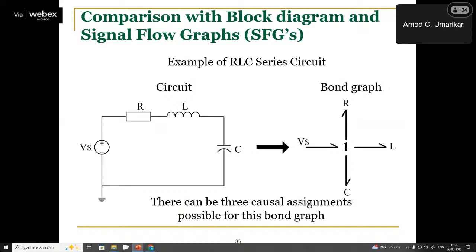Now here you see the series RLC circuit, where the bond graph is one junction with VS, R, L and C. As we have discussed, there can be three causal assignments possible. One is fixed, VS is fixed, but R, L and C can be interchanged.